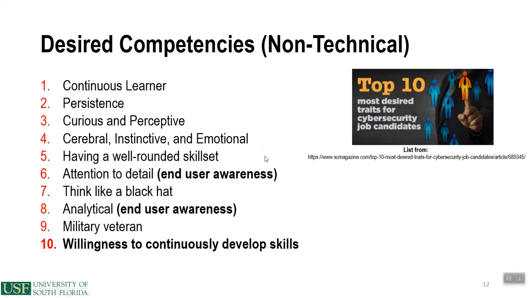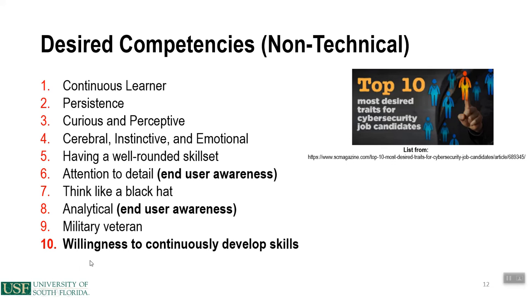And emotional right here doesn't really mean emotional as in getting upset about things, but more so emotional intelligence. Being able to manage yourself in a way that is very, very beneficial to an employer and so on. Having a well-rounded skill set, attention to detail, being able to think like a black hat, analytical. So are you able to identify the end users of security within your organization and so on.